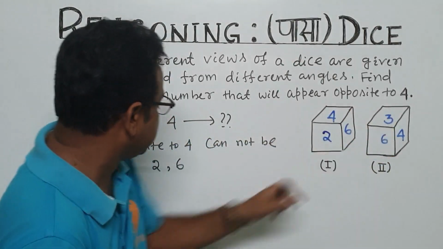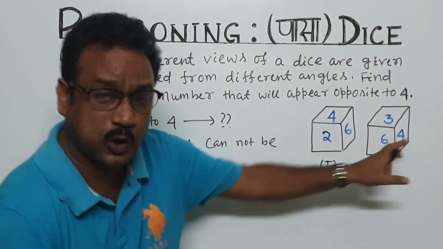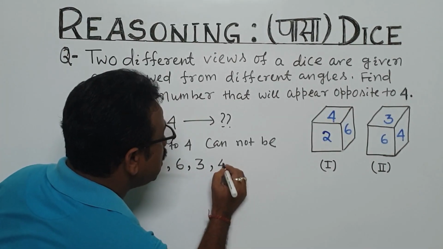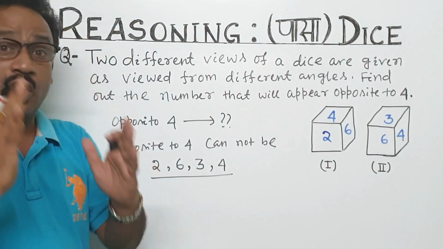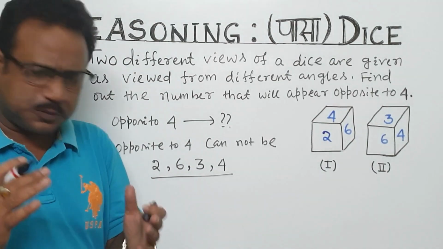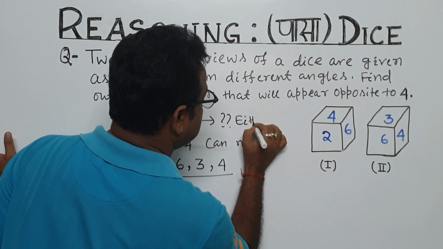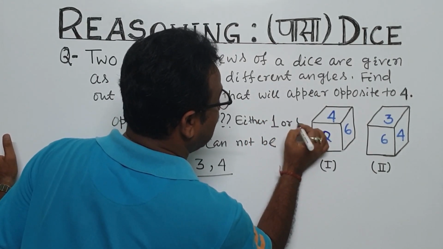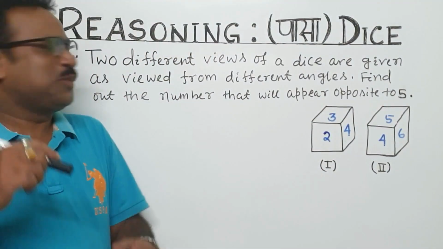Now 3 cannot be opposite to 4 because 3 is adjacent to 4. Now 4 itself cannot be opposite to it. So 2 or 6 or 3 or 4 cannot be opposite to 4. Then what is left? Opposite to 4 is either 1 or 5. So either 1 or 5 is your answer. So now move on to the next example.